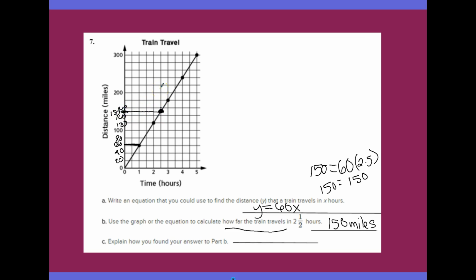And then I plugged in 150 for my y just to double check in my equation. So I took this equation and I put in 150 equals 60 times 2.5, because x represents the hours, which they gave us 2.5 here. So I substituted 2.5 in for x and solved, and I checked on the graph as well.